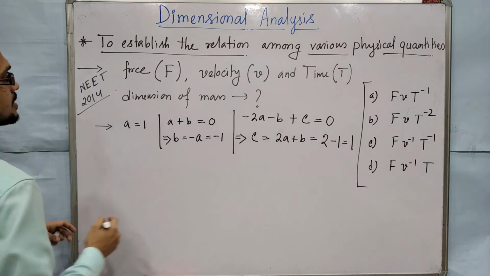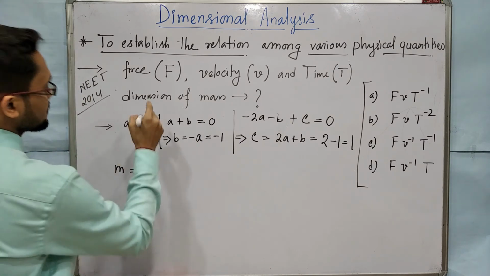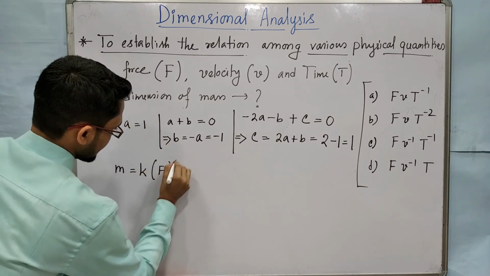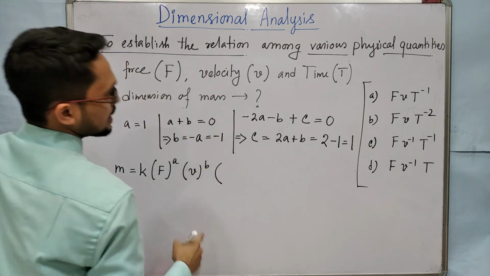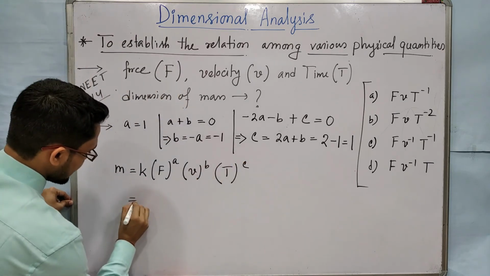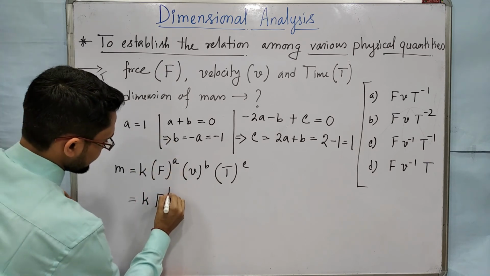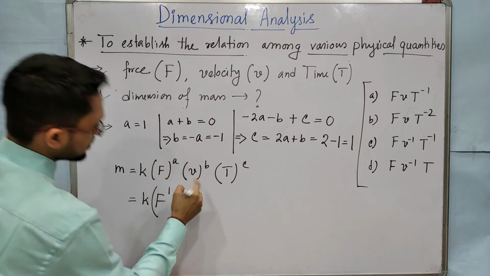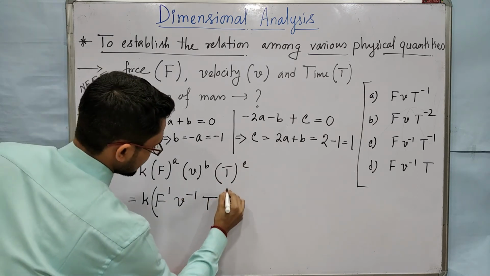Now put these three values in that equation. What was the equation? It was mass M equal to K F to the power A V to the power B and then T to the power C. So it will be K F to the power A means 1, V to the power B means minus 1, and T to the power C means 1.